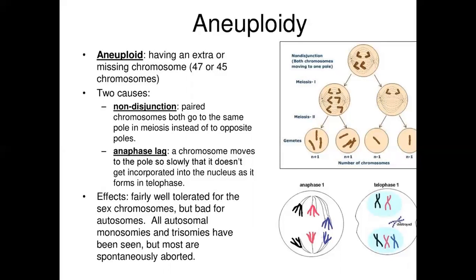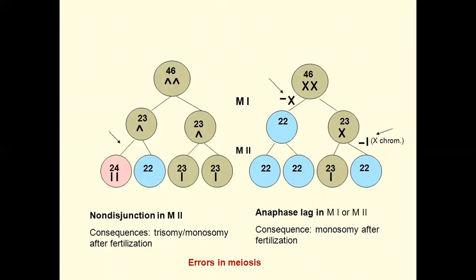That means during anaphase, when two chromosomes separate to opposite poles, the process of separation occurs too slowly, and because of that the chromosomes cannot separate properly. And in non-disjunction, the paired chromosomes both go to the same pole in meiosis instead of the opposite pole. I'll discuss that later.